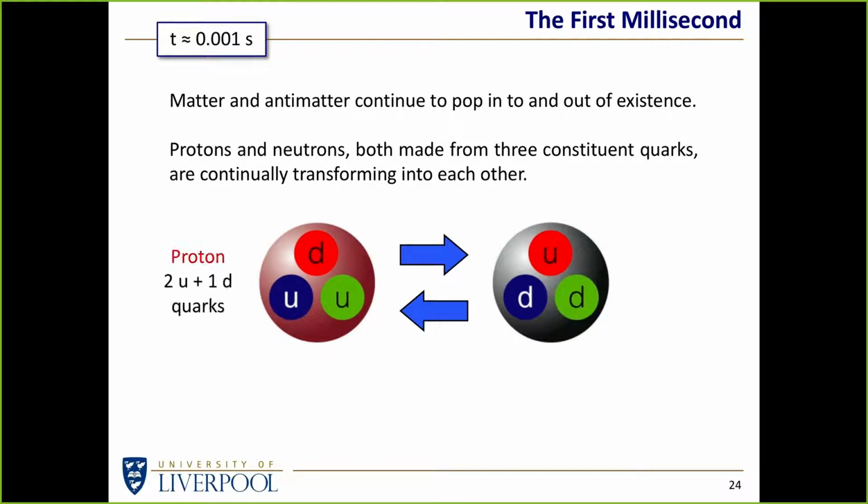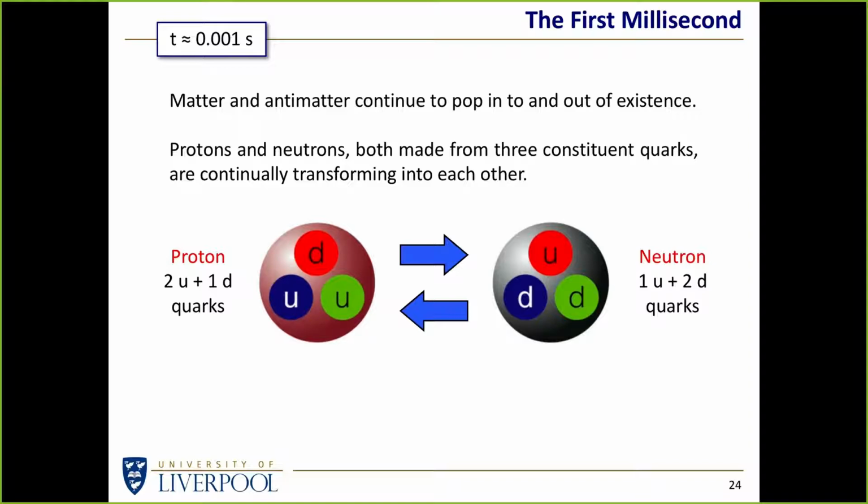It doesn't matter about the details of what these quarks are. A particular combination of certain quarks makes up a bag that we call a proton, and a different arrangement of quarks is a bag that we call a neutron. Remember, proton and neutron are not fundamental particles, they are mixtures of other particles.